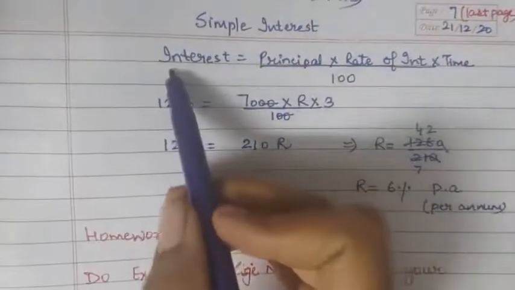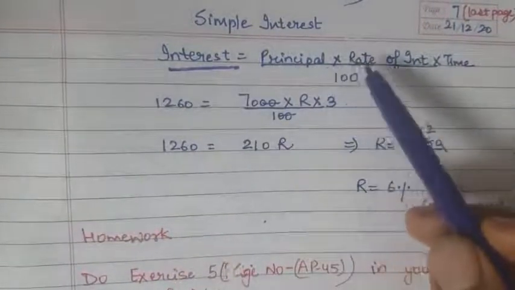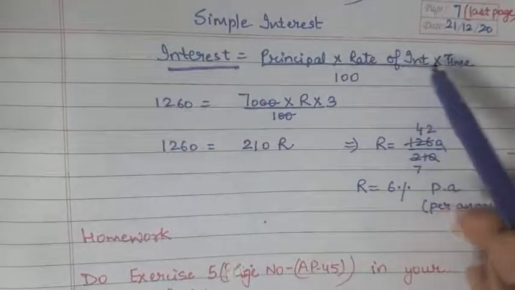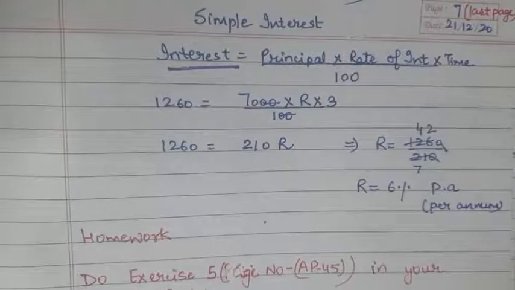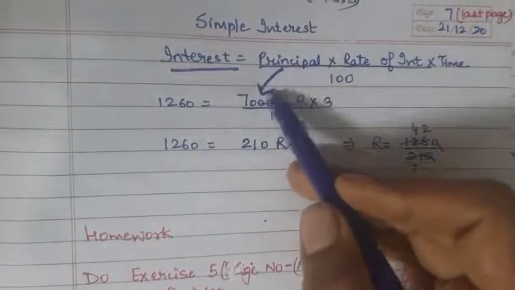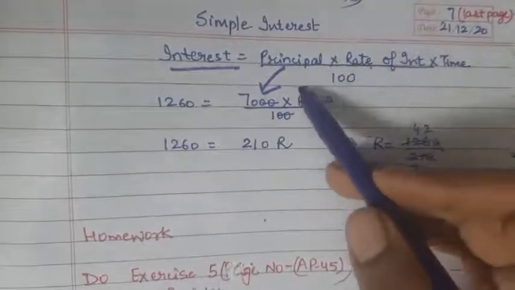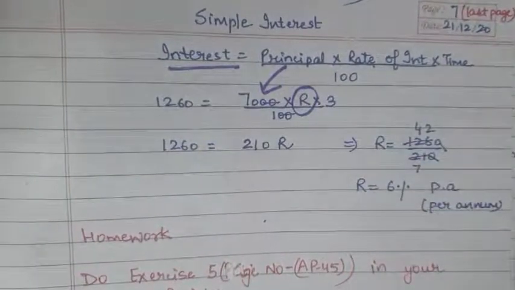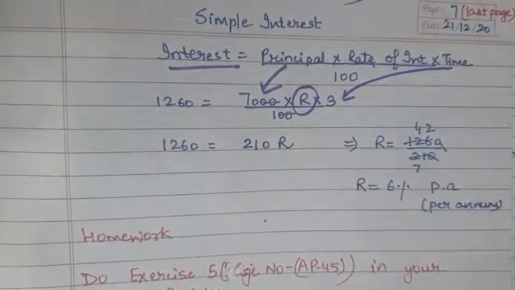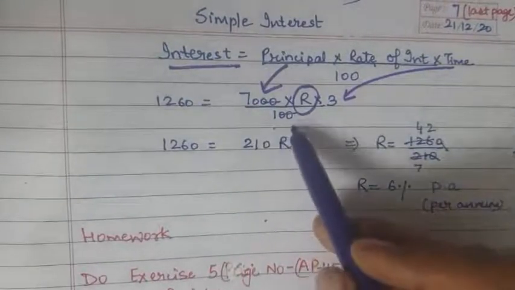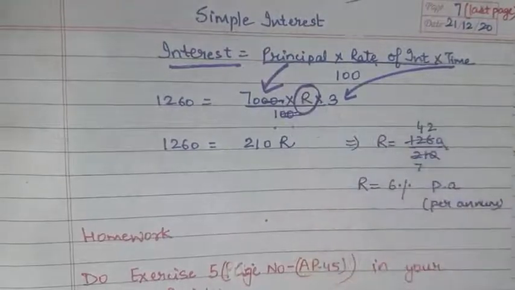Now we have to find out rate of interest. So the formula for interest is principal into rate of interest into time upon 100. Now the principal is 7,000. Rate of interest we don't know. We have to find it. And the time is given to you, 3 years upon 100. Now the 2 zeros will cancel with 2 zeros.